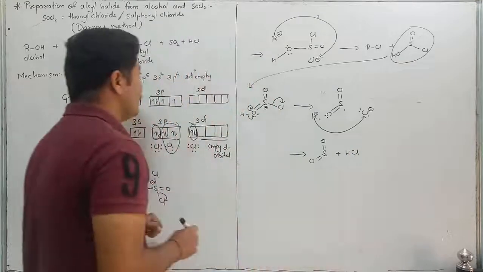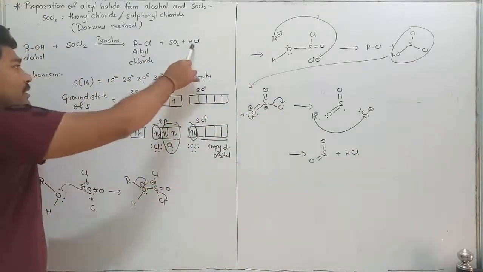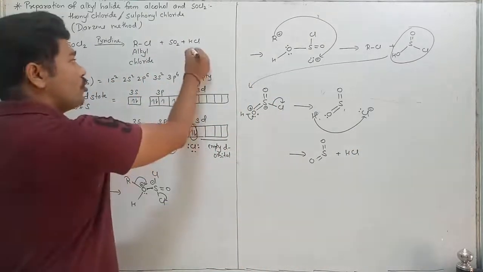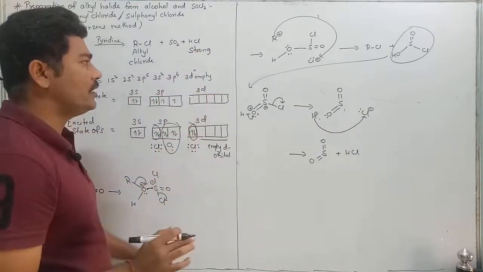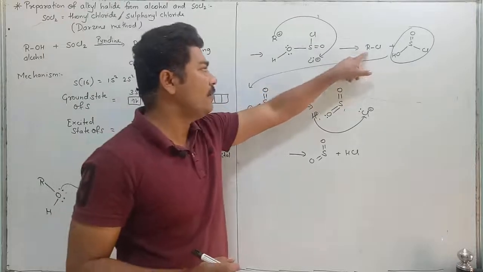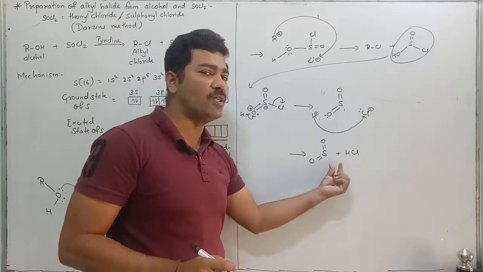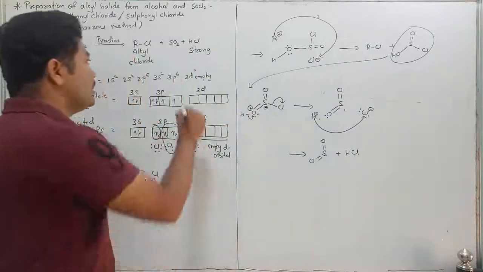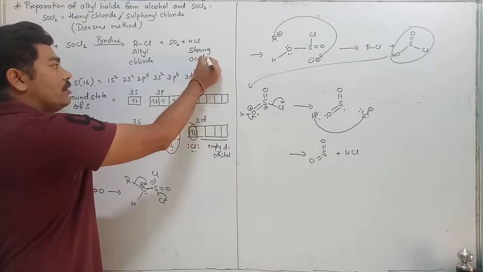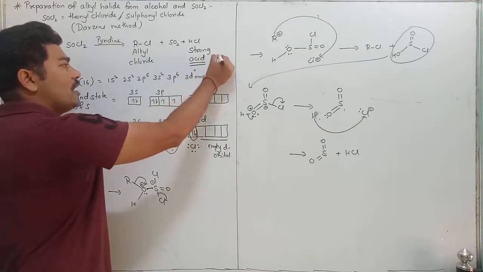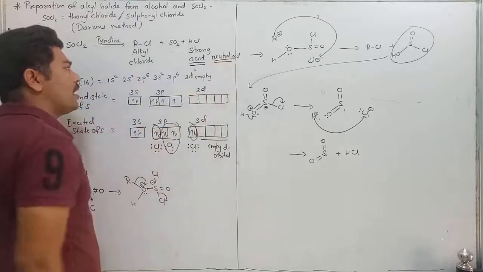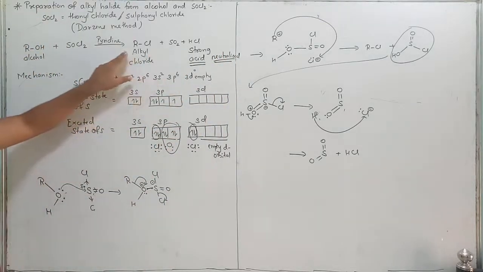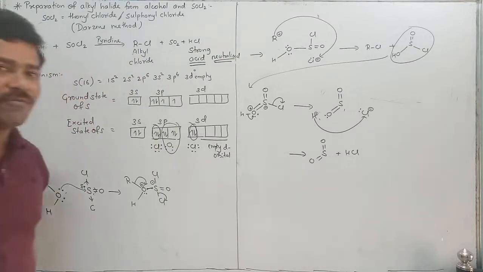But as we know, HCl is a strong acid. During this reaction, you can see we have prepared RCl plus this particle which is converted into SO2 and HCl. HCl is a strong acid. If it is not neutralized, it will again react with the particle and the reaction will be reversed.